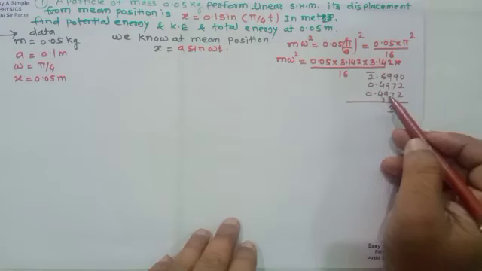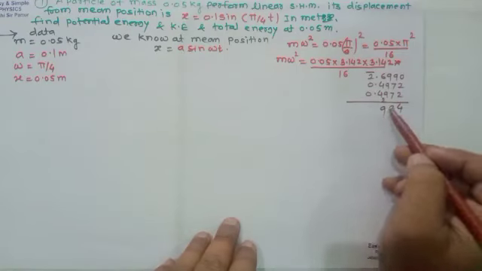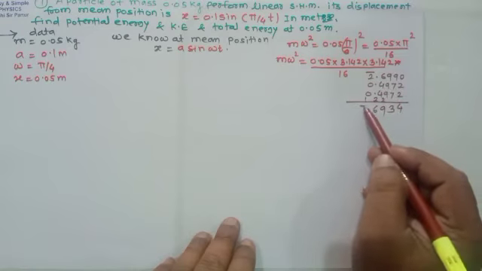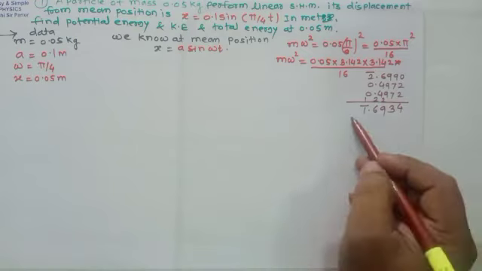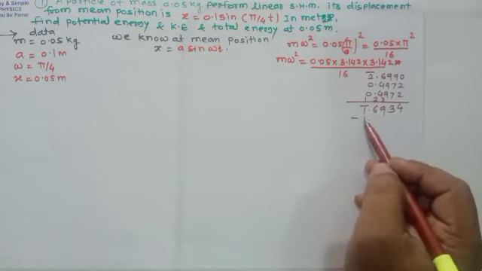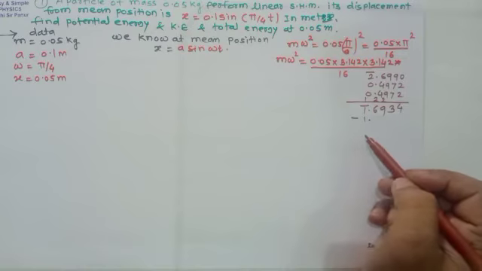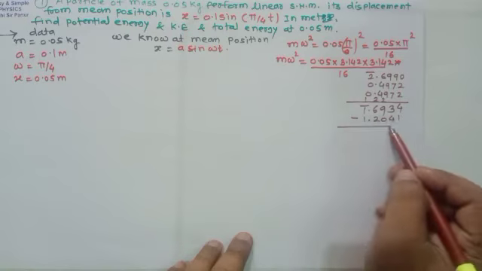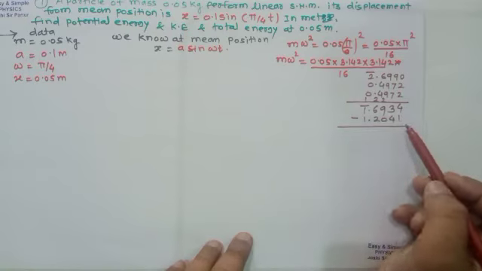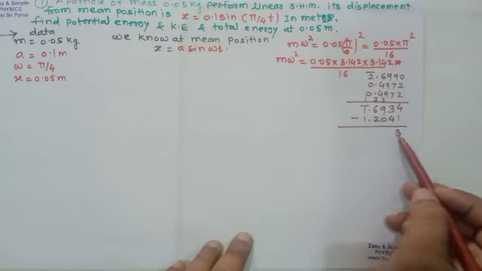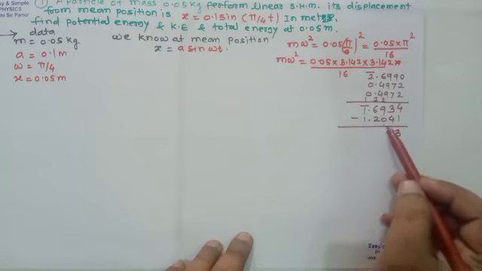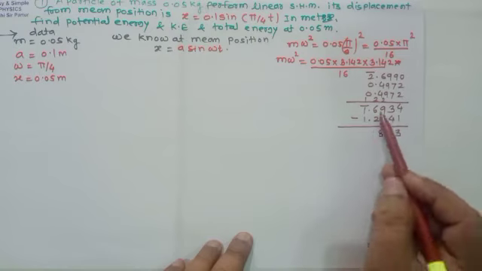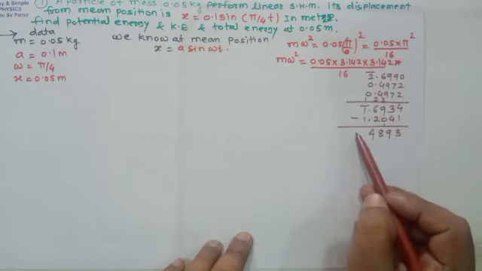Addition will be 4, 9, 9, 9, 27 and 2, 29. 2 is there, and 16 is bar 1. So if we see 16, its characteristic will be 1, and its log will be 2041. If we subtract, so what happens? 3 will be remaining, 9 will be remaining, 1 is here, and 8 is remaining, 4 will be remaining, bar 2.